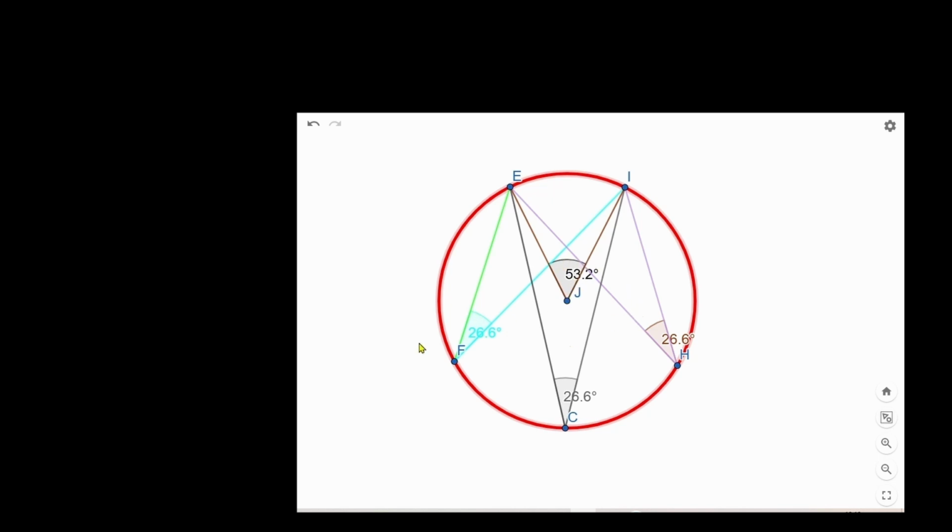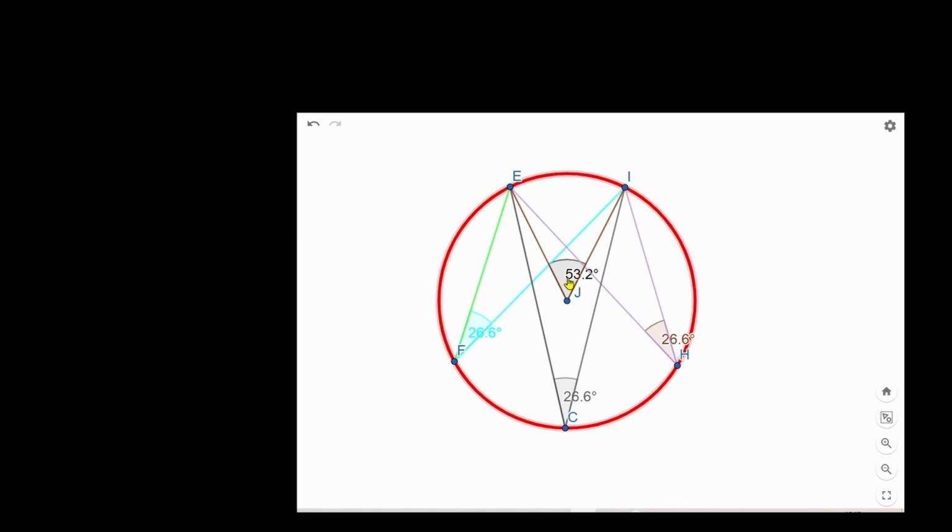In this figure, as you can see, we have a red circle that contains three inscribed angles F, C, and H. These inscribed angles have one thing in common, and that is the arc EI. We have proven that an inscribed angle is half of the central angle subtending the same arc.